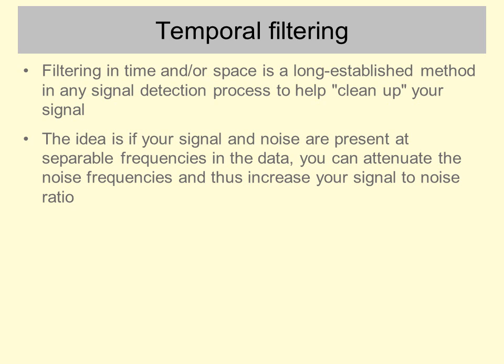And so if we can find a way of removing signal at certain frequencies, then we can attenuate or reduce the amplitude of the noise frequencies and thereby increase the ratio of signal of interest to noise in the data, which will make the signal easier to detect. Now, another way to think about this is in terms of oscillations or sine waves.